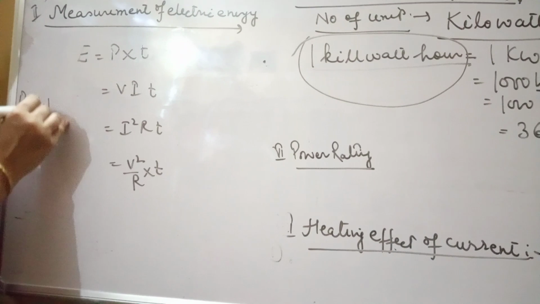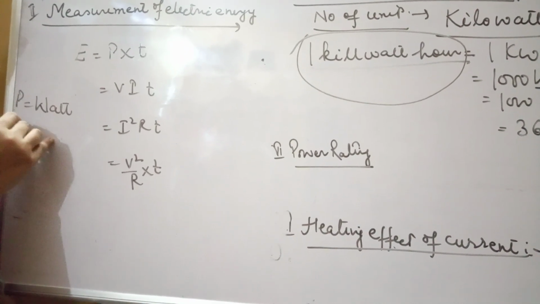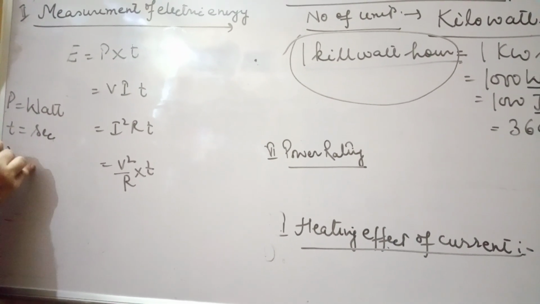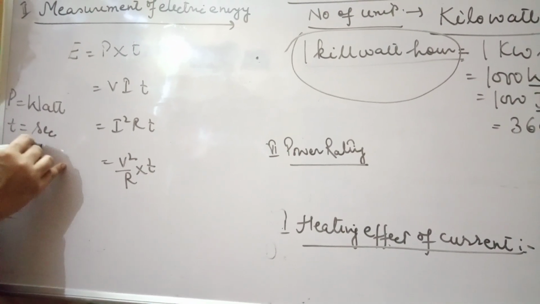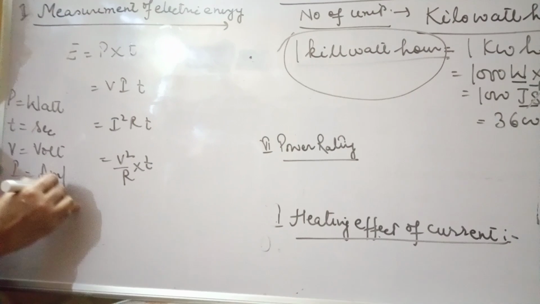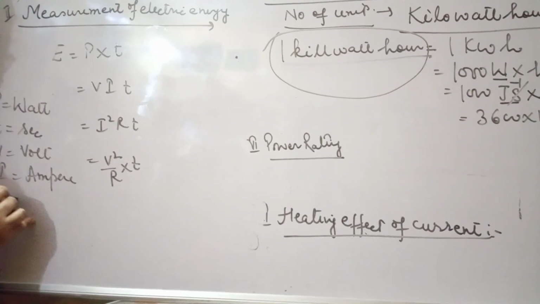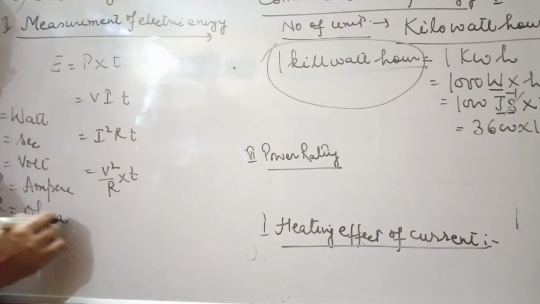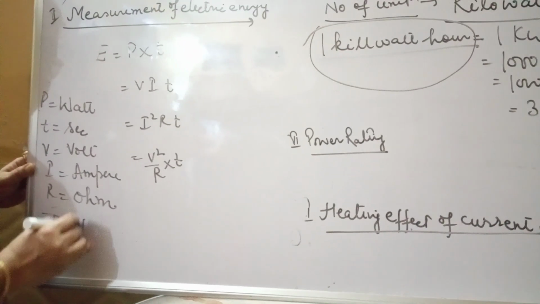If you take power in watt, time in second, voltage, that is potential difference, in volt, current in ampere, resistance in ohm, then your energy unit is joule.